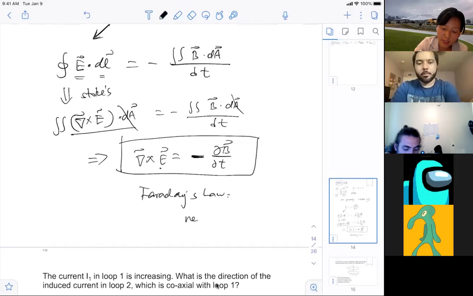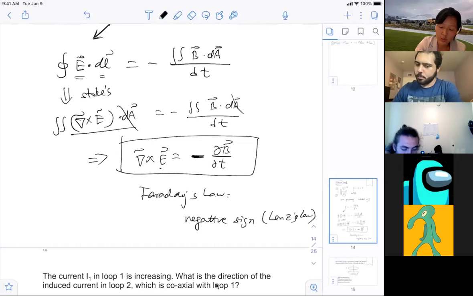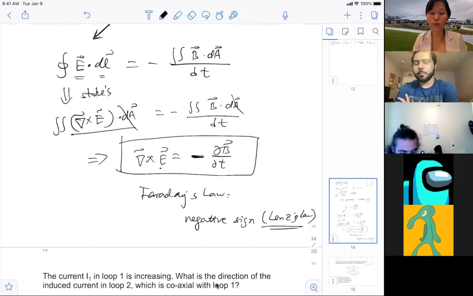The negative sign simply tells you Lenz's law, that nature is always trying to oppose that change, right? So if you try to increase your B field, then you will induce an E field, you will induce a current that is trying to produce a B field that's opposite in sign.